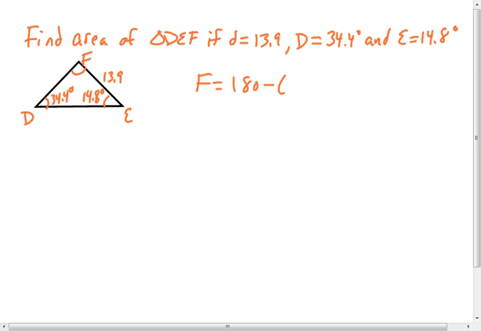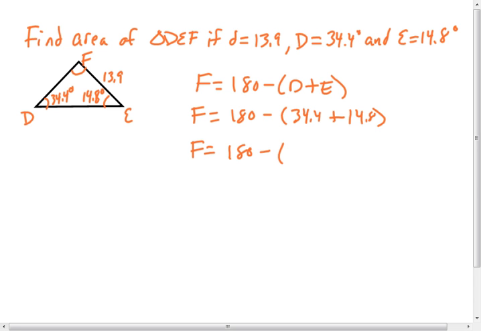So 180 minus D plus E. D is 34.4 and E is 14.8. So adding those two together and subtracting them from 180, that would be 49.2. Wait, subtracting gives F equal to 130.8 degrees.